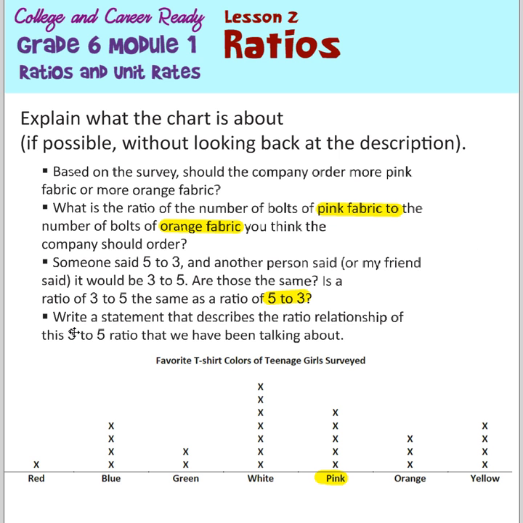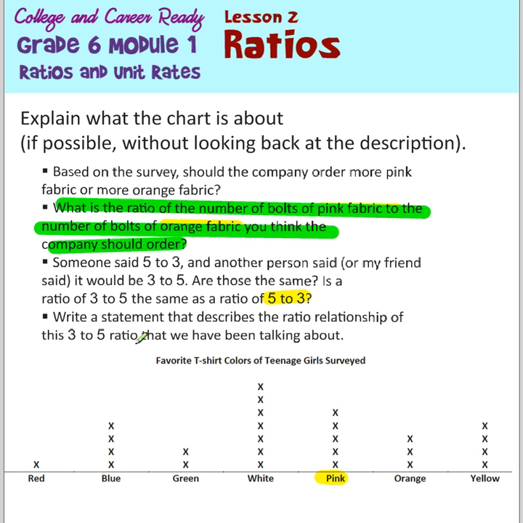So if you wrote down 3 to 5, you should actually change the relationship that it's talking about. Here it said number of bolts of pink to the number of bolts of orange fabric the company should order. So if you put 3 to 5, then what relationship should you be describing? Okay, think about it, and we're moving on.